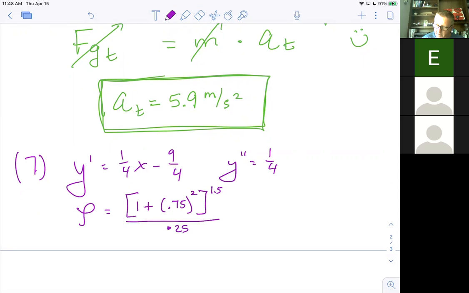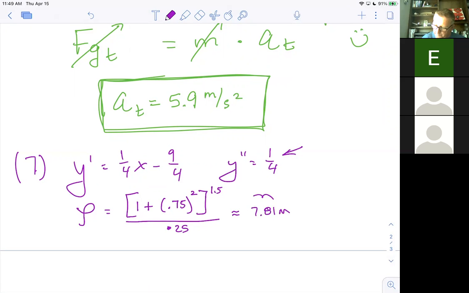Well, in our case, it doesn't matter where you are. The second derivative is always 1/4. It doesn't have an x, so it doesn't make any difference where you are. The second derivative at every place on this half pipe is 1/4. So if I punch that into my calculator, I actually get the radius of the circle I'm on, which is approximately 7.81 meters.